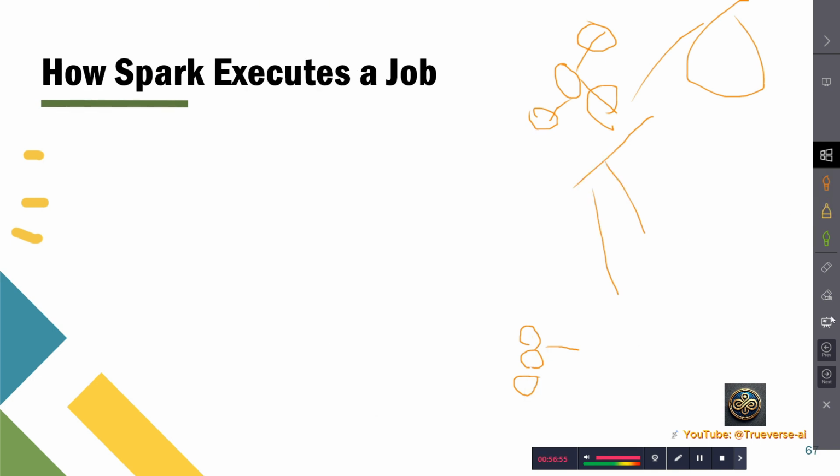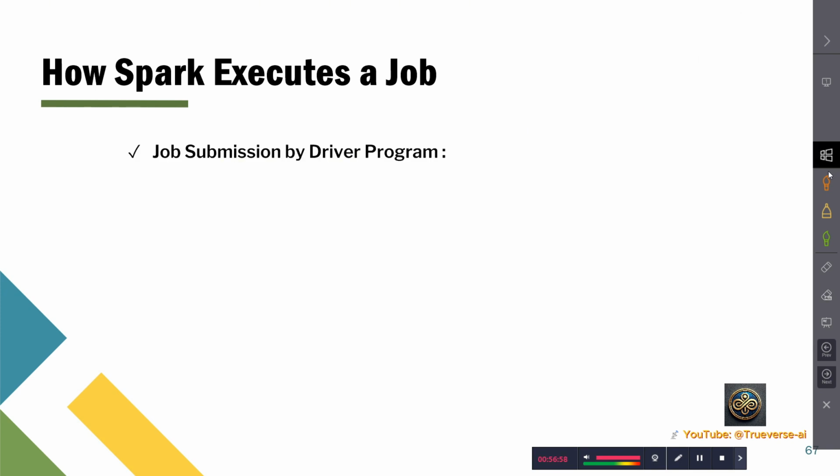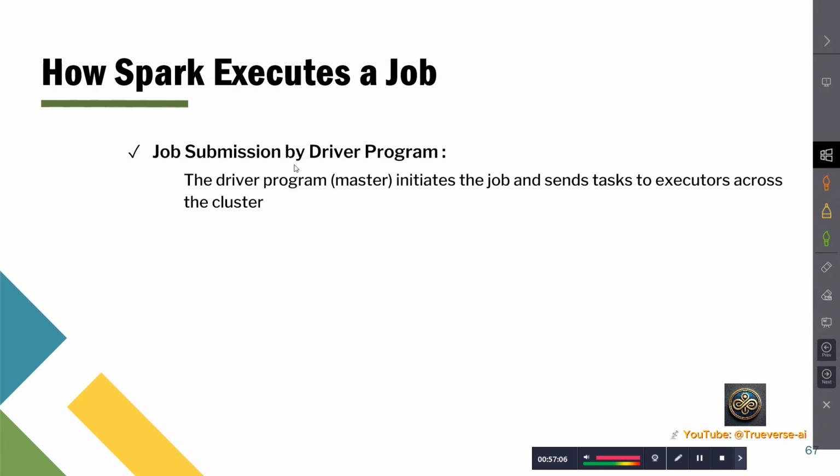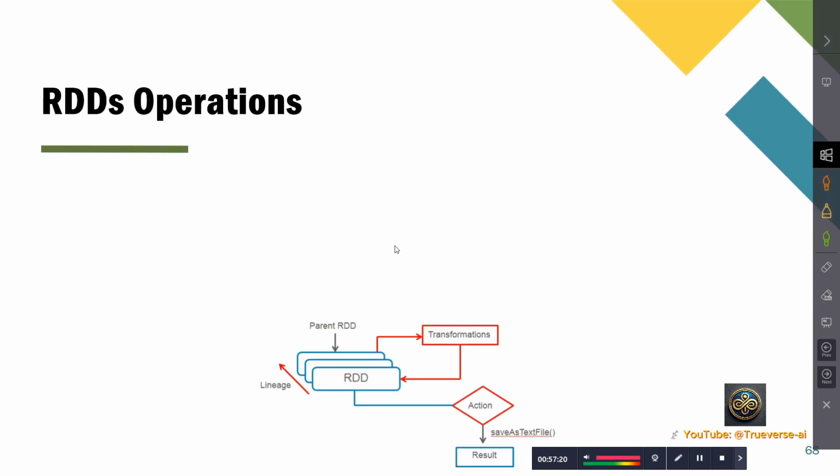Okay, so let's see the executing job. When we do job submission, the driver program initiates the job and sends tasks to the executor through the cluster. Here are transformations and actions. When we have an RDD and some transformations, we keep them until an action is done.